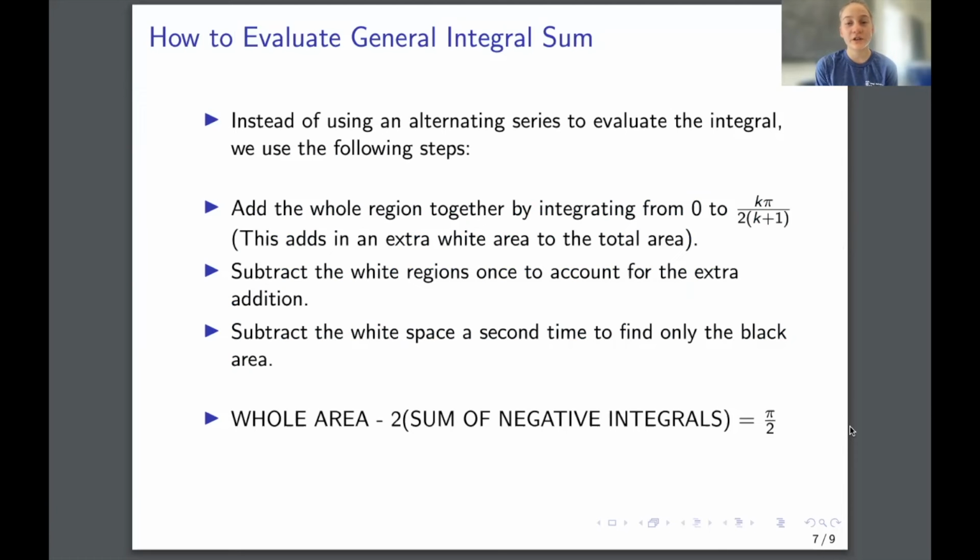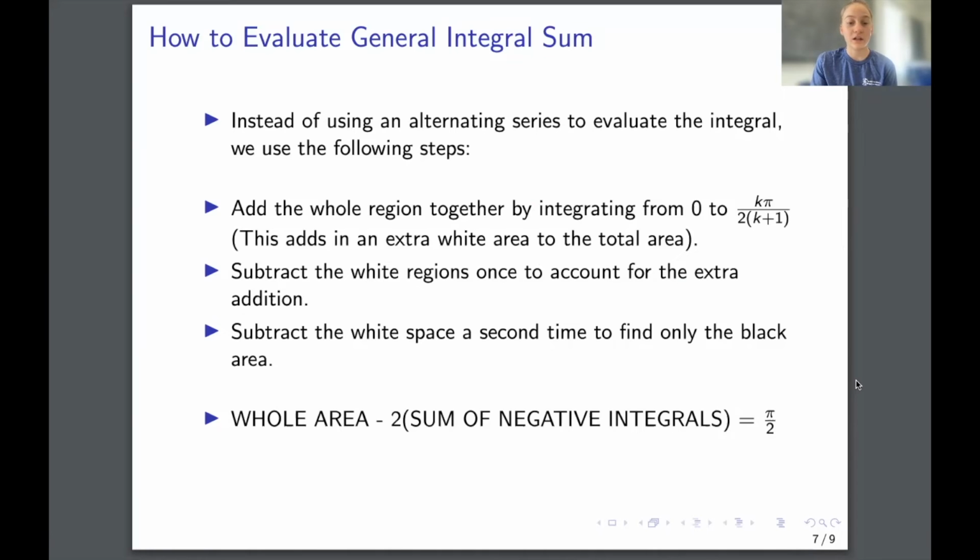Okay, so instead of using an alternating series to evaluate the integral, we're going to use the following steps. First, we're going to add the whole region together by integrating from 0 to k pi over 2k plus 1. And then we're going to subtract the white regions once to account for the extra addition. And then we're going to subtract the white space a second time to find only the black area.